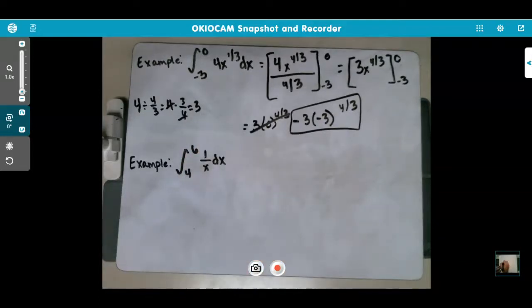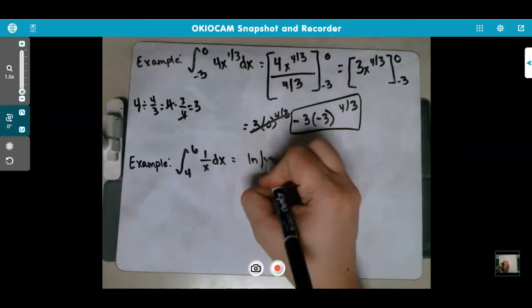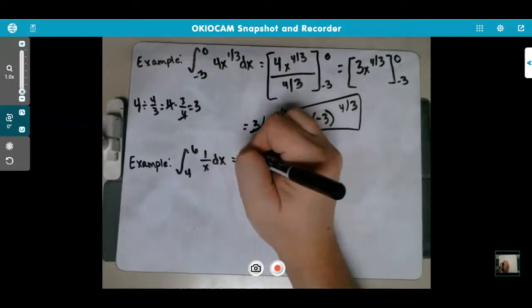So once again, I need to take the antiderivative of 1 over x. Okay, so then I've got to think about it. What function has a derivative of 1 over x? Well, that would be the natural log of x. So the natural log, absolute value of x, is the antiderivative.